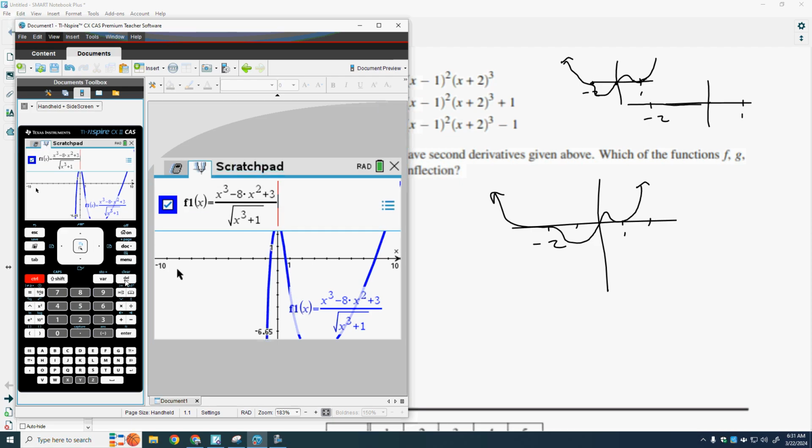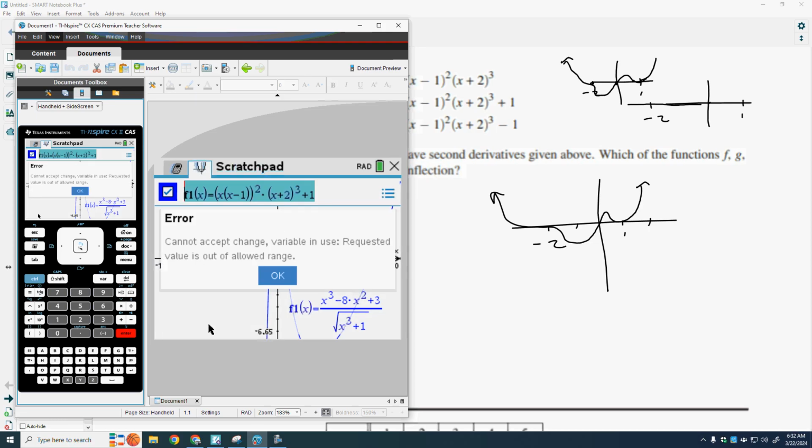I'm going to get rid of that mess, and I'm going to type in x, parentheses, x minus 1, squared, parentheses, x plus 2, cubed. Sorry, I'm talking to myself. And plus 1. So let's see what does that thing look like.